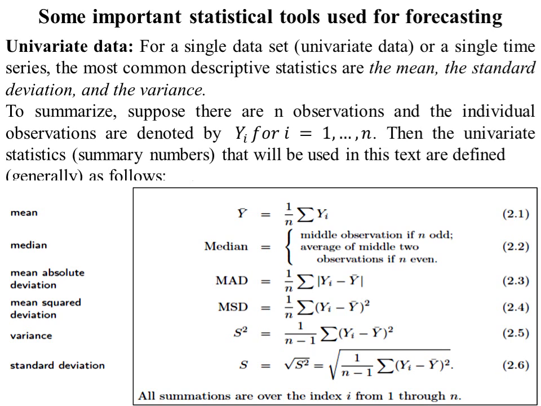So when we want to define the mean absolute deviation, we put the summation sign, and in the denominator we write n.